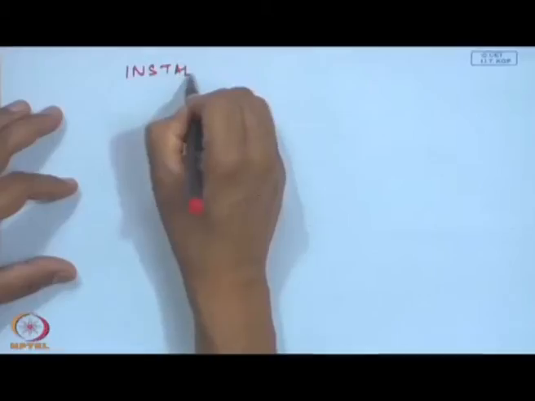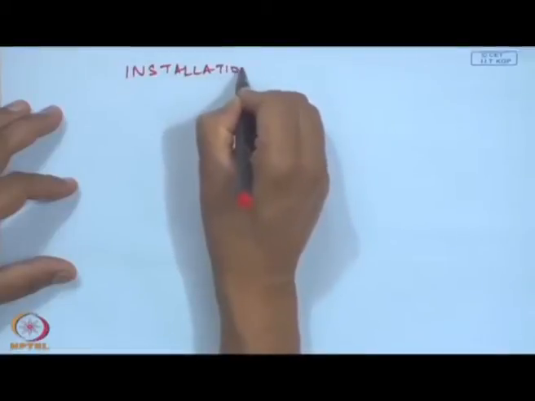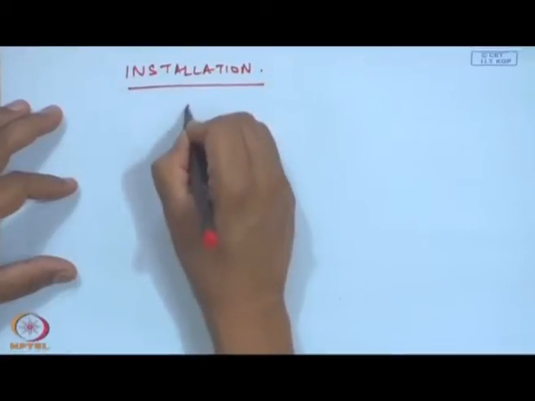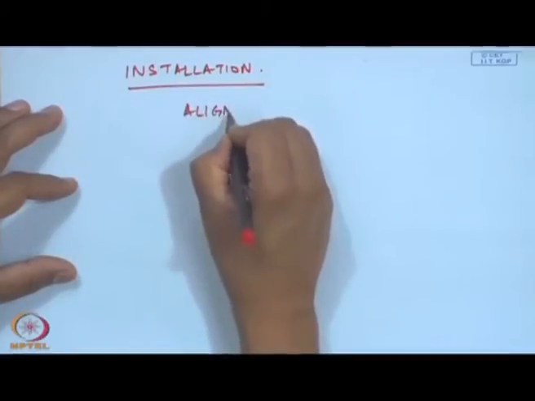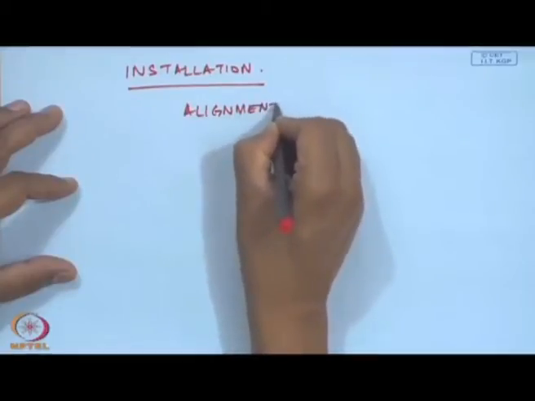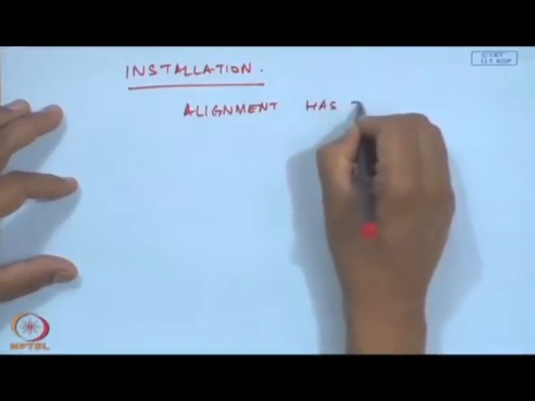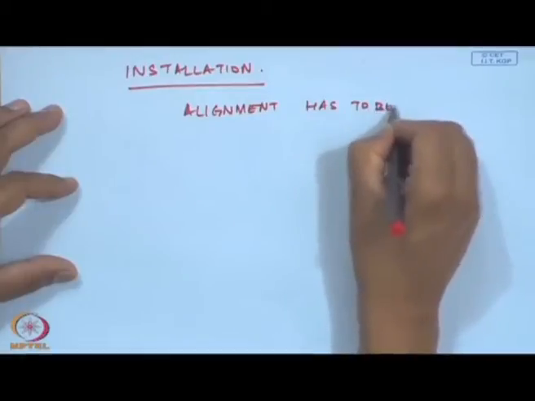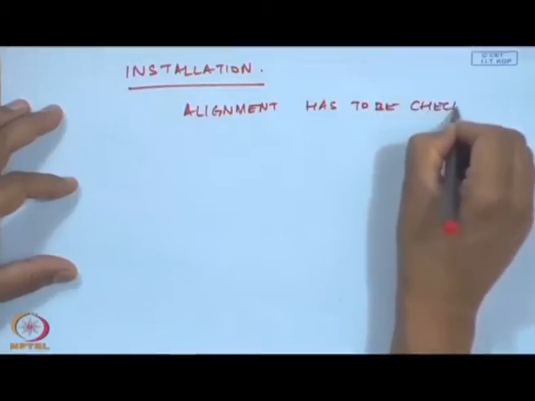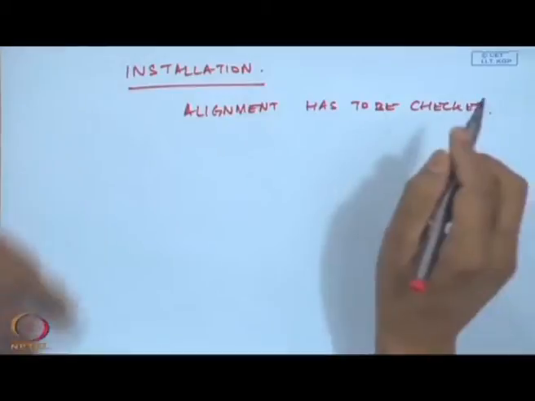Now, even before this is done, this happens later when you are running the system, but when you are installing the system, during installation, alignment has to be checked. And that is very important.